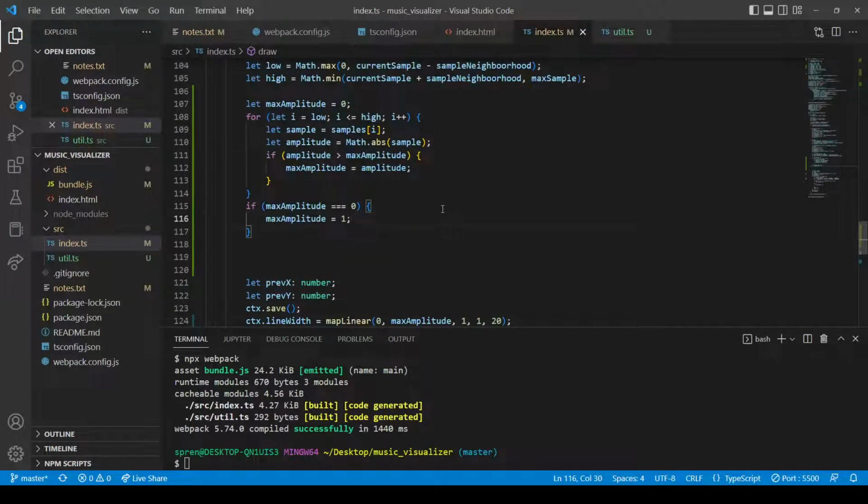Here's my strategy. I want to generate a perfect sine wave and try to match it to the... Oh shit, hold on.